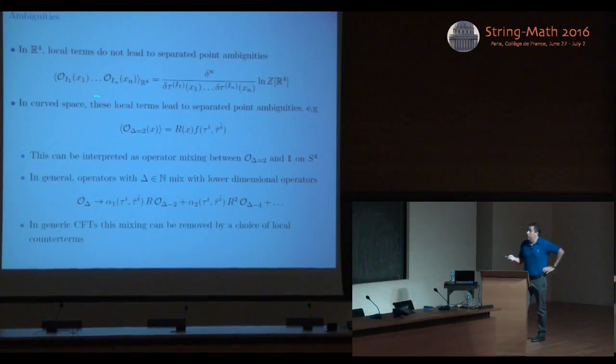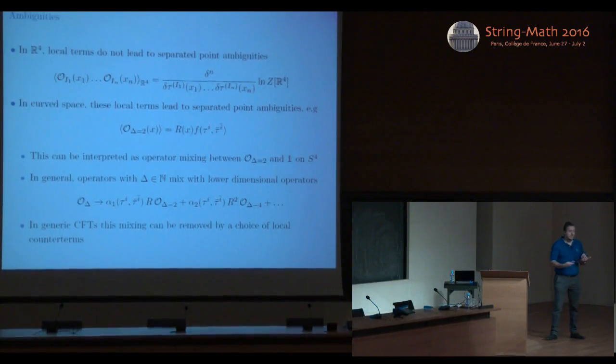Of course, in R4, these local terms do not lead to any separated point ambiguities. Such local counterterms in R4, since at the end of the day I'm putting the backgrounds to 0, only affect contact terms, and in conformal field theory we typically do not care about meaningless contact terms.